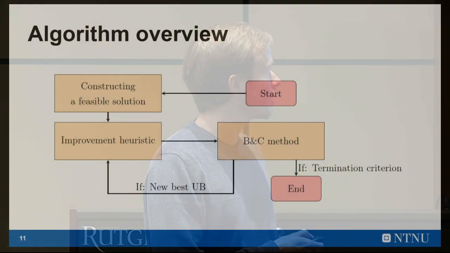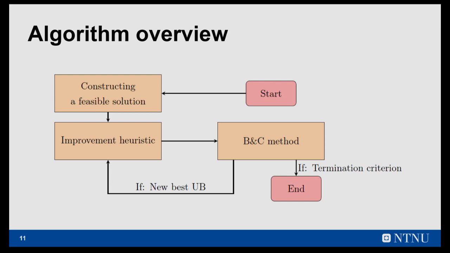So I'll just jump right into the overall architecture of our method. It's very simple. We start by constructing a feasible solution, which we give to an improvement heuristic. The main component is this improvement MIP that tries to improve this feasible solution, and then we warm start a branch and cut method with this feasible solution.